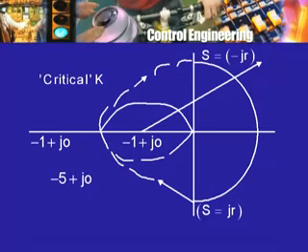Now, if my KGH(j omega) corresponds to this point, then what can I say? I can say that the phase shift is 180 degrees. So, I have to look for that frequency omega at which the phase shift of KGH will be 180 degrees.